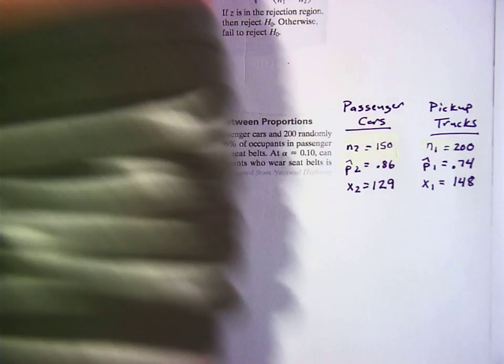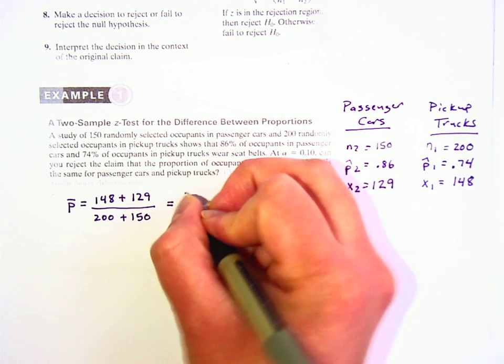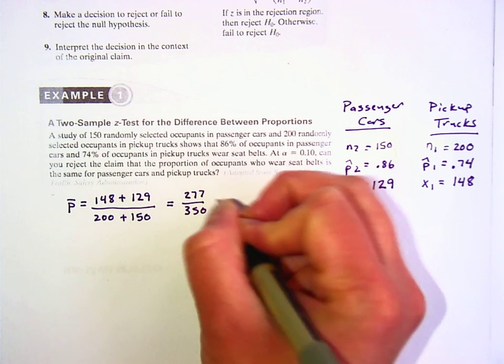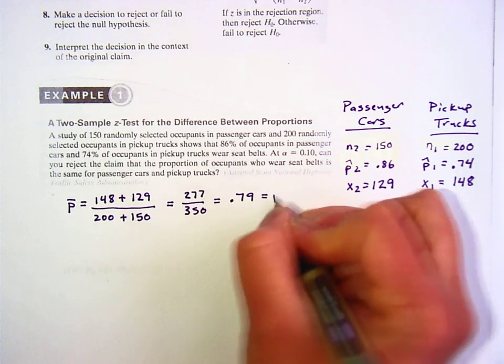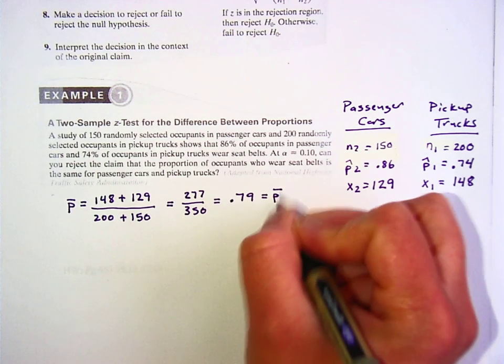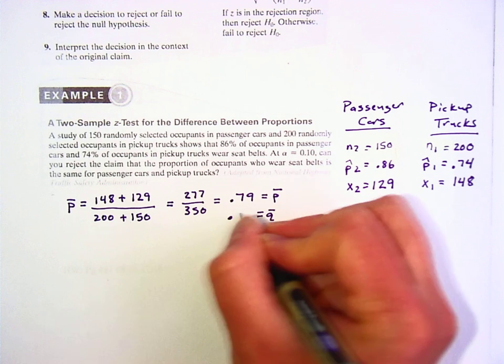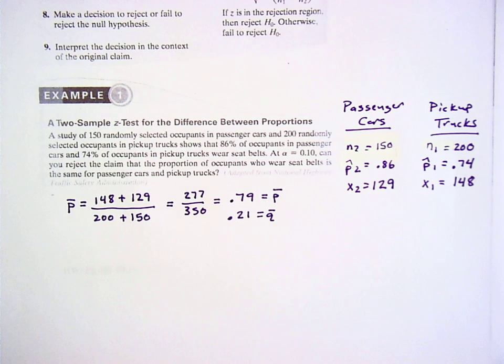And if you add those up, you get 277 out of 350, which is 0.79. So that's what P bar is. And then Q bar is 0.21, because this is like the average success, and this is the average failure, and they add up to 100%.